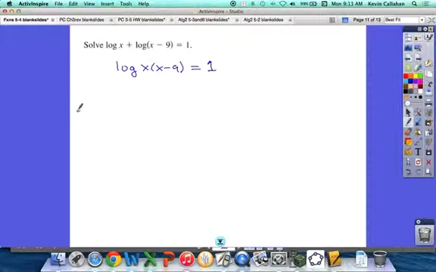Now, that's not a one-to-one because we don't have a logarithm on the other side. So instead, do what we do, right? We've isolated a logarithm. The next step says convert it to an exponential. What's the base of the logarithm? It's 10, right? So this is going to be 10 to the first equals x times x minus 9.